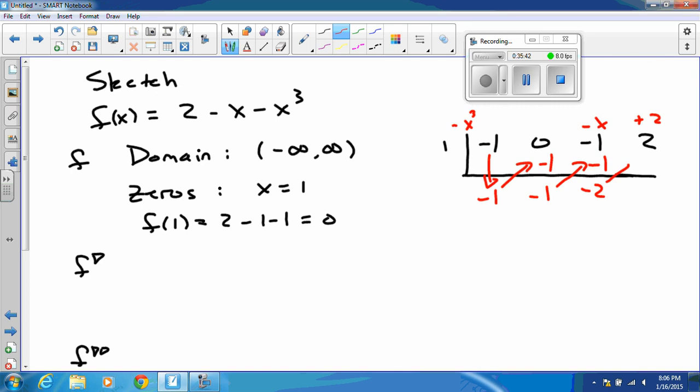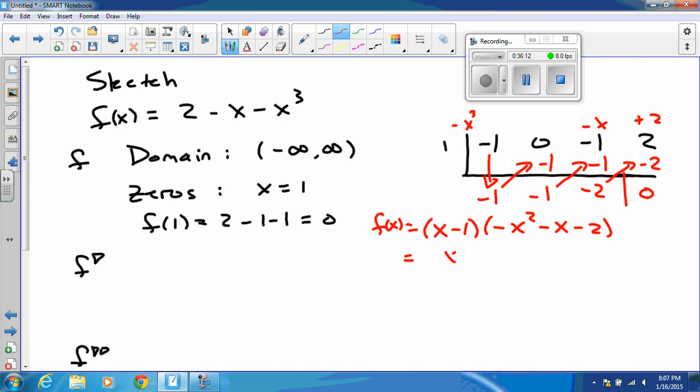So I reordered this in order of highest power. Then you bring down, multiply: 1 times negative 1 is negative 1. Add, multiply, add, multiply, and add. And we get a 0 here, which is not surprising because we knew already that x equals 1 was a zero.